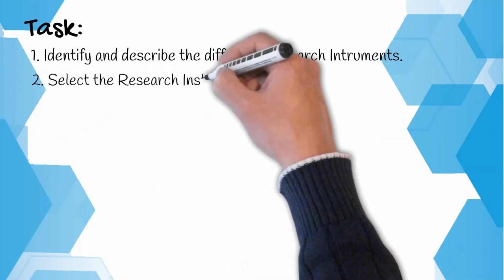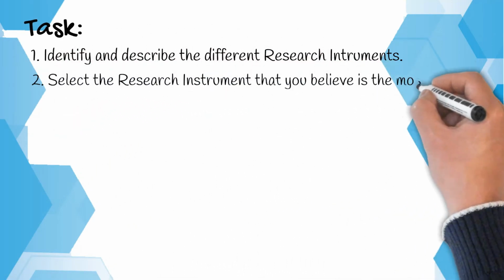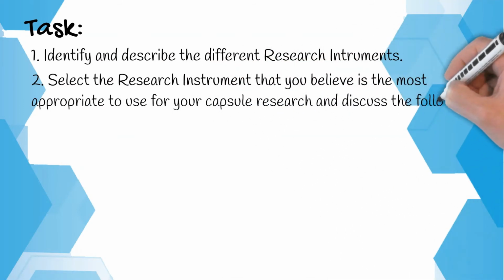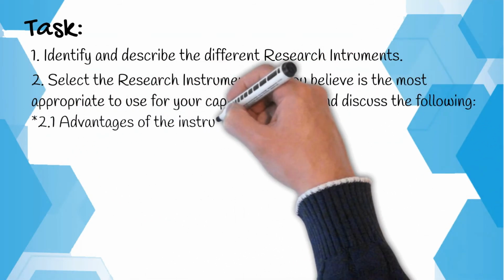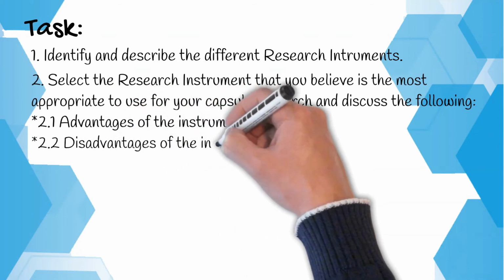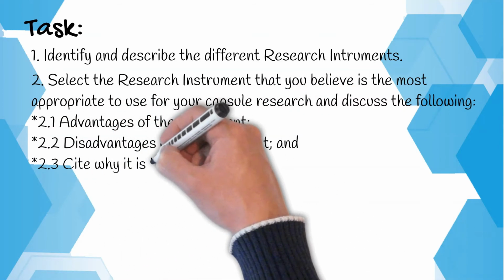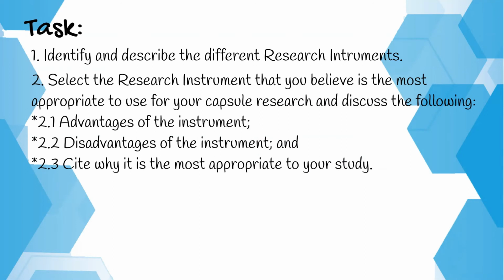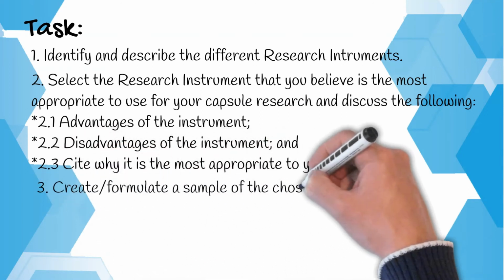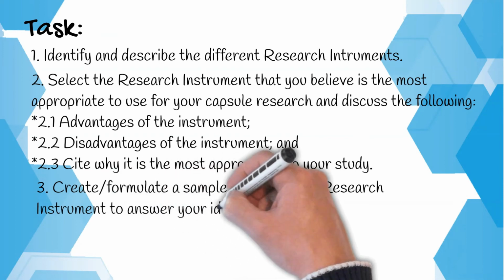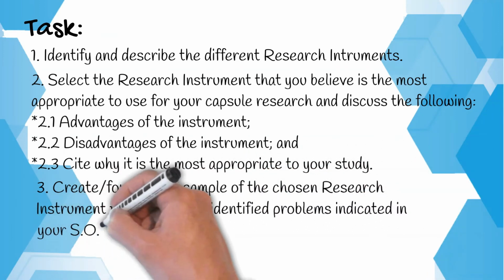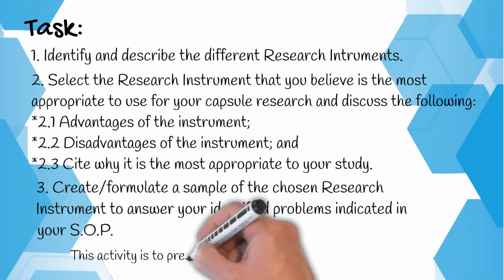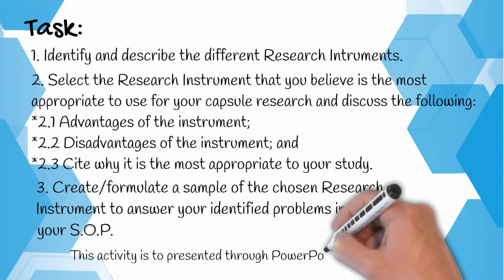Select the research instrument that you believe is the most appropriate to use for your capsule research and discuss the following: advantages of the instrument, disadvantages of the instrument, and cite why it is the most appropriate to your study. And create or formulate a sample of the chosen research instrument to answer your identified problems indicated in your statement of the problem. Present your output in a PowerPoint presentation.